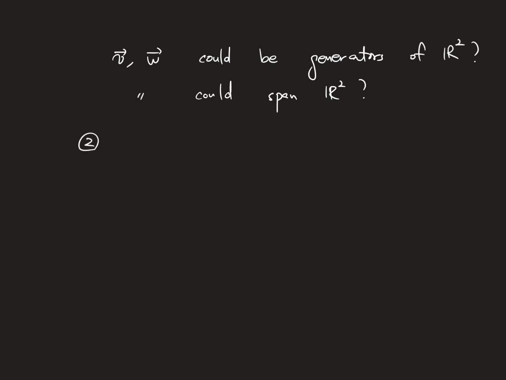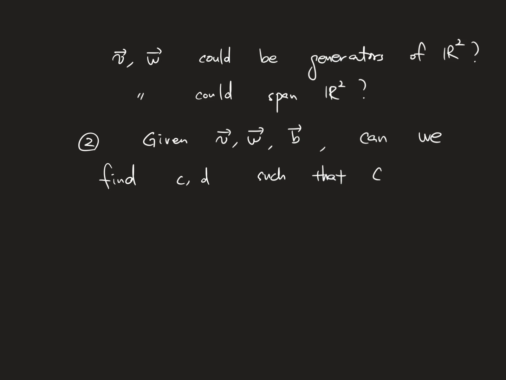And the second question is, given the v vector, w vector and b vector, can we find the coefficients c and d such that c times v plus d times w is equal to b?